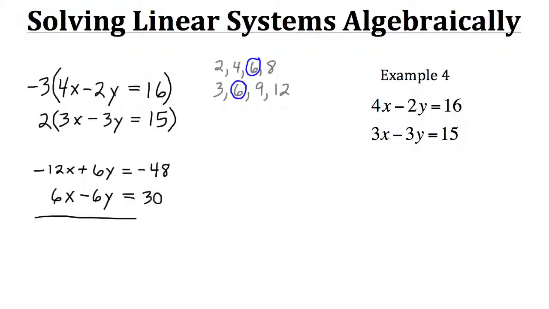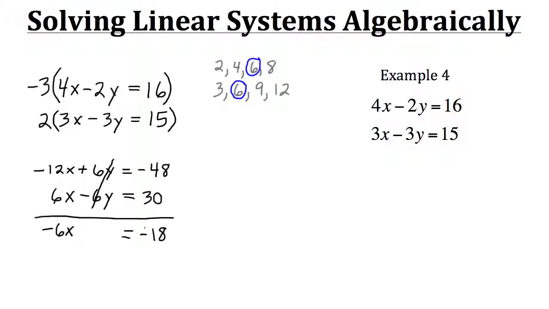So we can add both these equations together, and -12x plus a 6x will give us a -6x, and then a positive 6y minus a 6y will cancel to give us 0. And when we add the -48 to the 30, we get a value of -18.